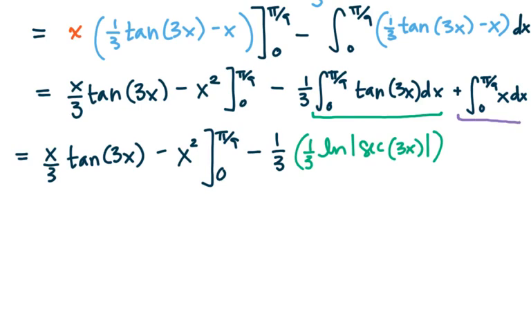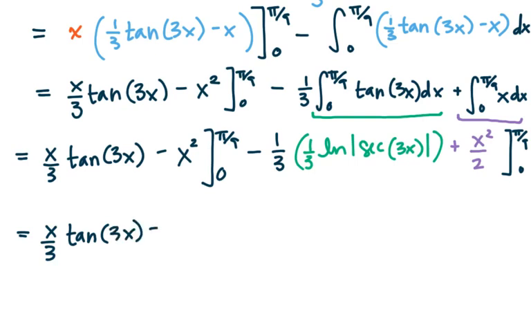We use absolute value bars on our natural log because we know that that argument has to be positive. And then we have this other piece right here. This would be plus x squared over 2, using the power rule to integrate. So that is also going to be integrated between pi over 9 and 0. So let me clean this up a little bit, and then we'll start plugging in values. I have x over 3 tangent of 3x minus x squared.